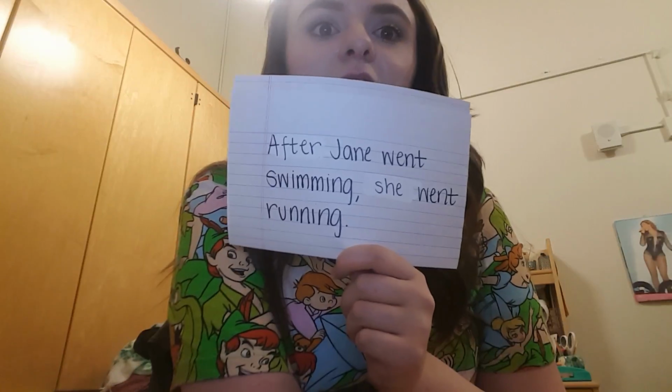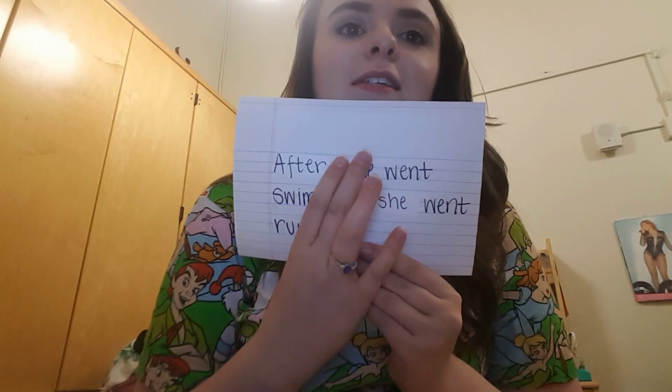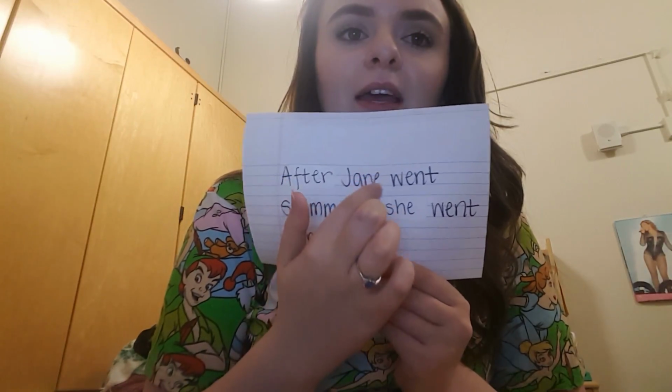We have two things marked off our checklist, right? It starts with before, when, after, or while, and the subject is the same, right? So to reduce this, we first take away the subject of the adverb clause. This time the subject in the adverb clause is Jane, right?